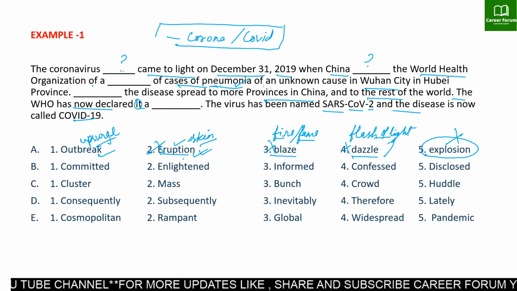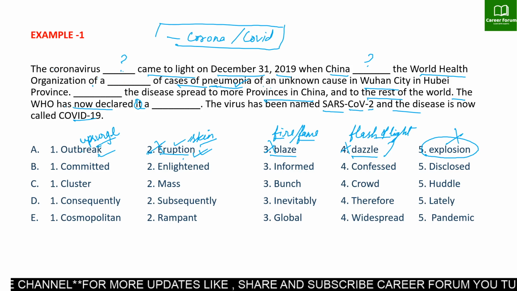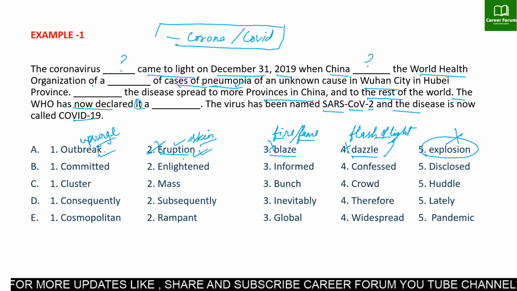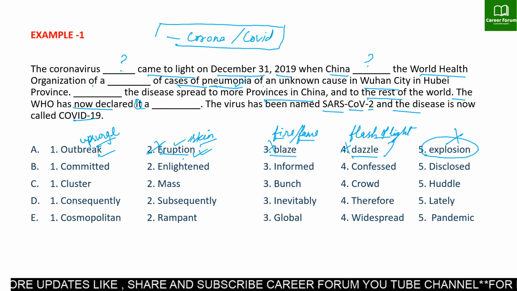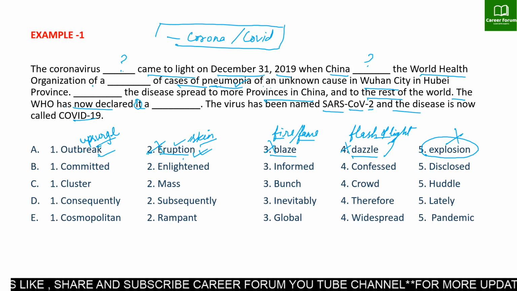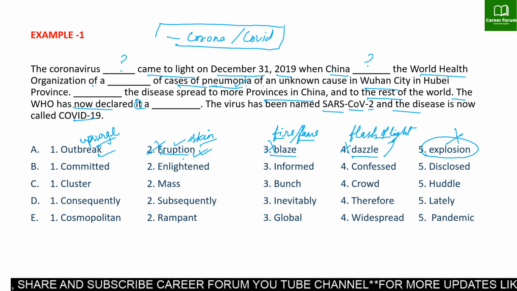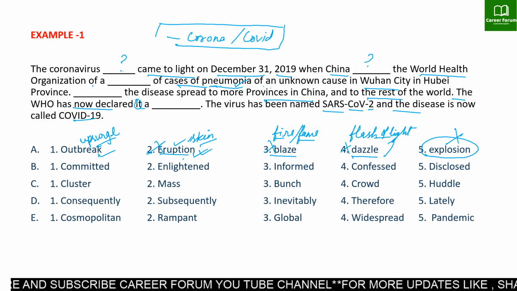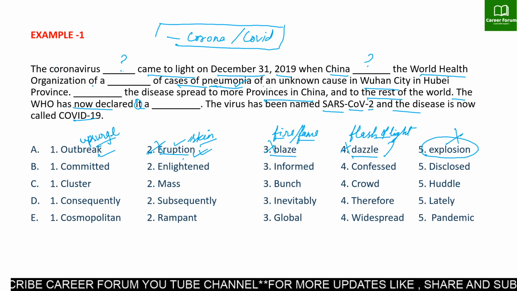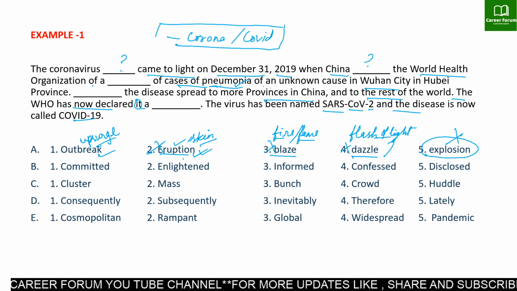The coronavirus outbreak means that due to its upsurge or outbreak, it came to light on December 31. Am I clear? Fine. Then the passage says that it came to light when China told it to the WHO.